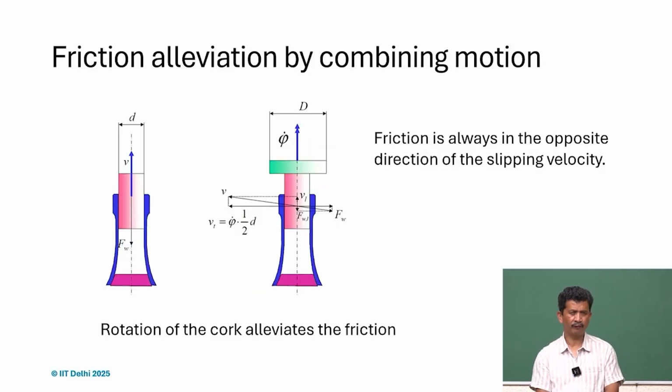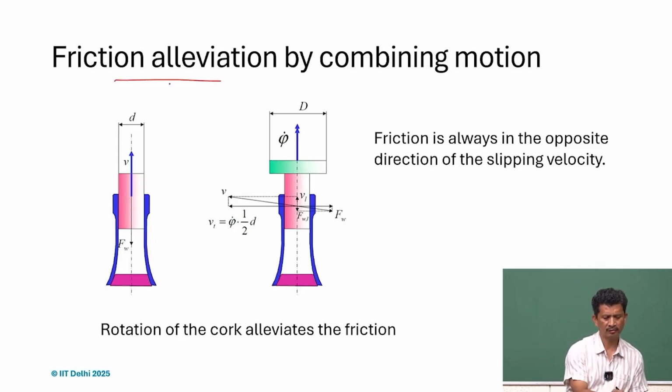So when it comes to managing friction, if there is friction involved and we cannot get away with the sliding friction, what to do? We may have to find some ways for friction alleviation.